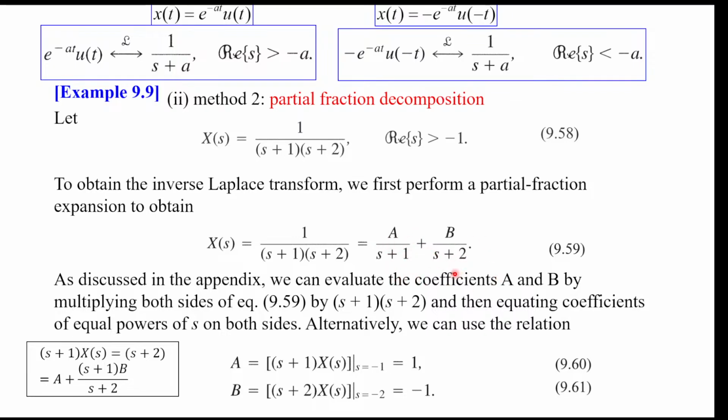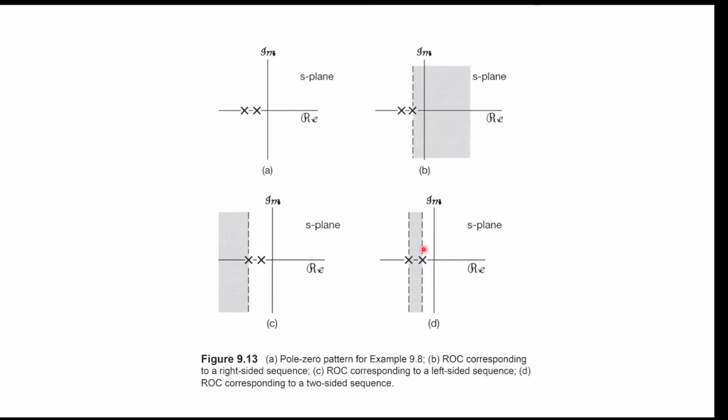And for 1 over s plus 1 and 1 over s plus 2, we can use one of those two Laplace transform pairs to do inverse Laplace transform, either inverting to a right-sided signal or a left-sided signal. And which one is true depends on your ROC. You need to see whether your ROC is to the right or to the left of your poles at minus 1 and minus 2. Okay, and so for this example, you have 3 different ROC, and you have 3 different inverse Laplace transforms.